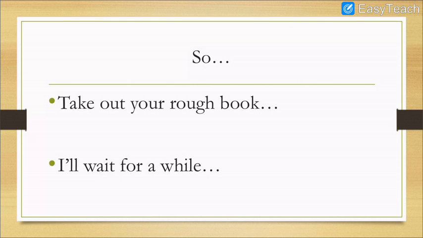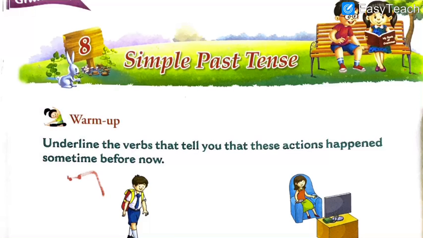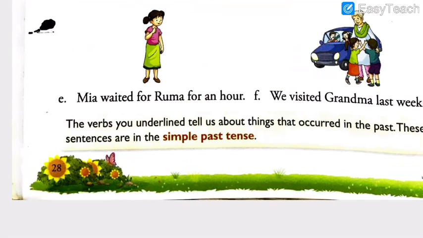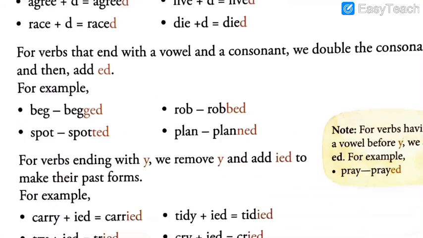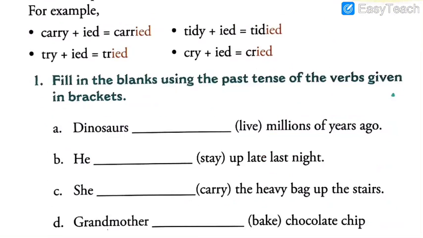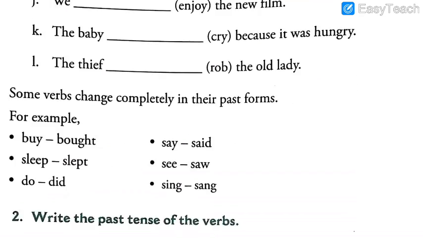So my dear students, let us solve exercise 3 of your textbook, chapter 8. As you can see on your screen, this is your textbook page of chapter number 8, simple past tense, in which, including the warm-up exercise, theory part, formulas and rules, and exercise 1 and 2, we have solved everything.